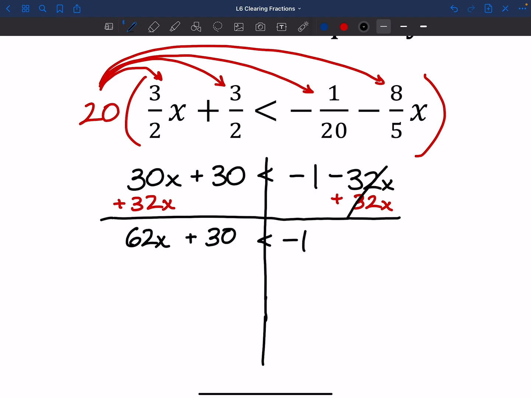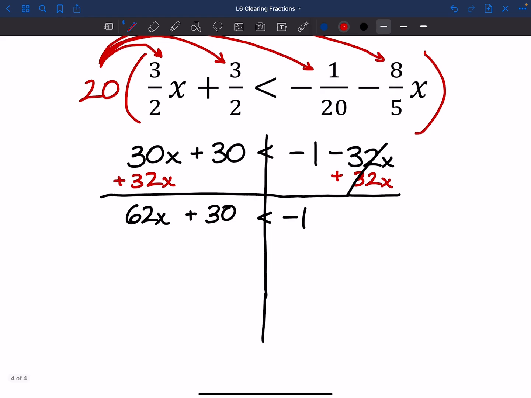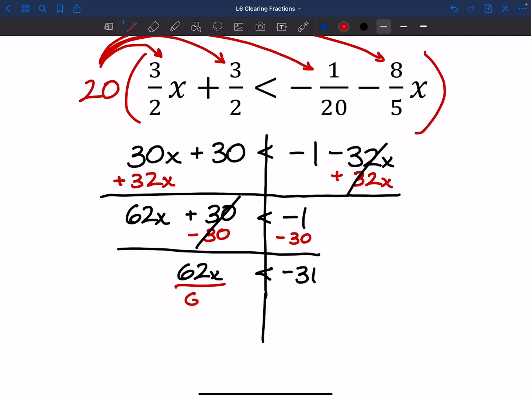This doesn't look pretty, but it's going to be okay. All my x's are on the left, so let's move that 30 over to the right. So we're going to get 62x is less than negative 31. And then what we're going to do is divide everything by 62.